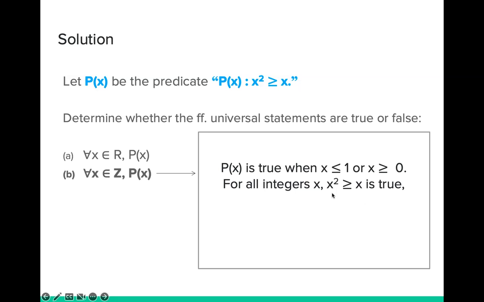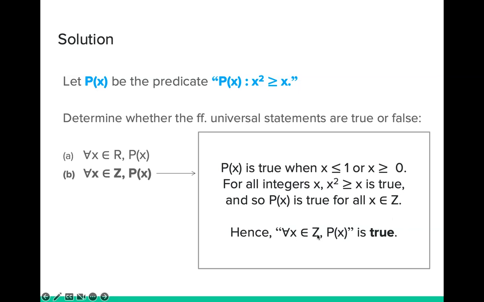If x is equal to 0, then 0 squared is equal to 0, and P of x is still true. Suppose x is negative 1. Negative 1 squared is 1, which is still greater than or equal to negative 1, so it is still true. So P of x is true for all x in the set of integers.